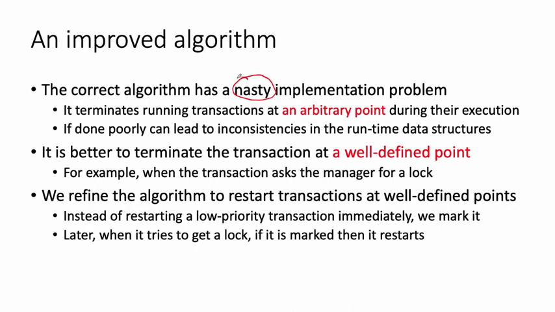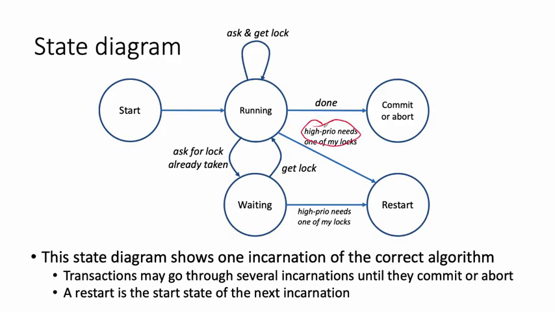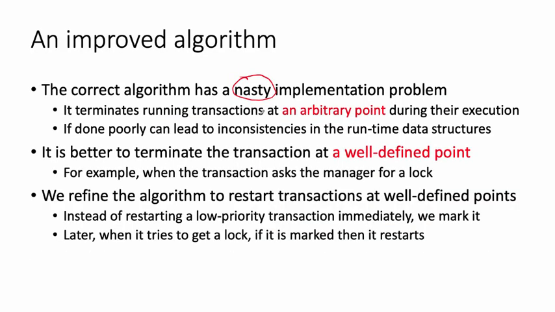The problem is that we restart these transactions anywhere. So a transaction has a lock, it's running, and a high priority transaction comes in, and it will restart that other one, boom, right away. And it could be anywhere. That low priority could be running anywhere.